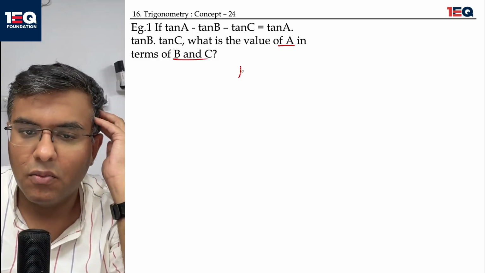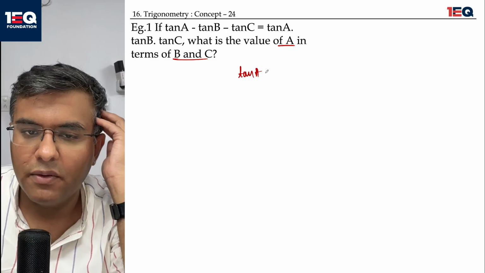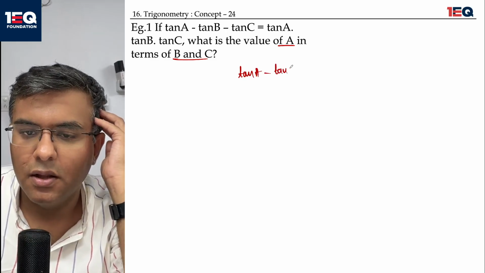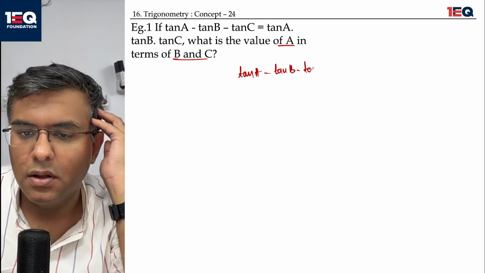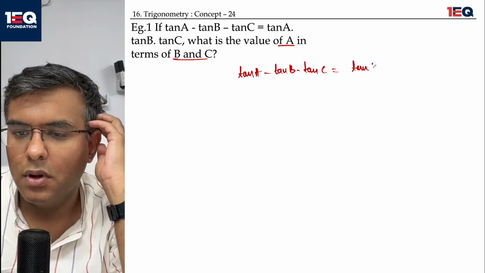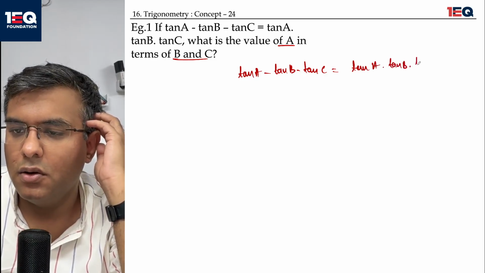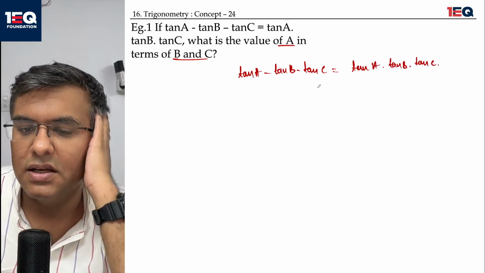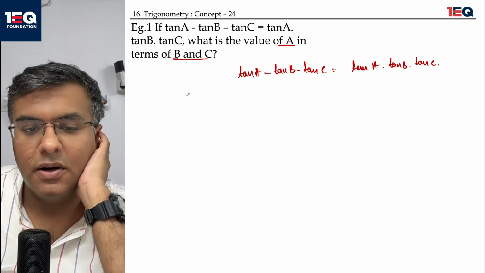So for that, what would I do? I would rewrite the question here. Tan A minus tan B minus tan C is equal to tan A into tan B into tan C. I'll take this tan C from here and take it to the other side.